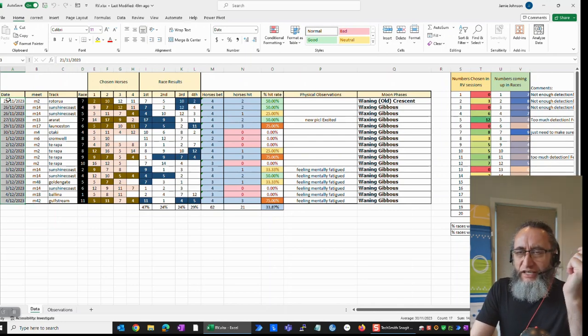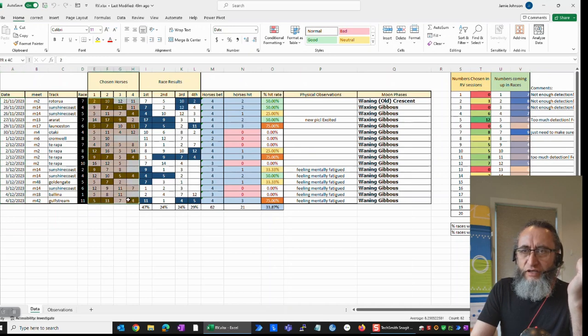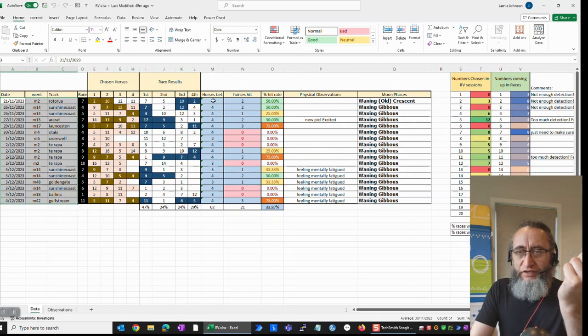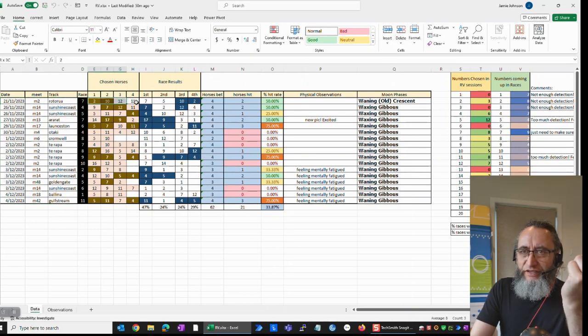So 17, and I've recorded the horses that I've chosen and the horses that resulted, dates and the tracks, track names and the meets, some calculations. Here we've got what horses I've bet on, as far as these first 4 here, and the horses that the results were, and how many horses hit.